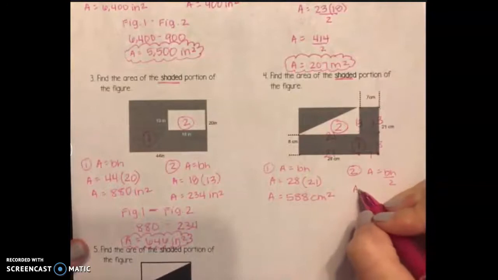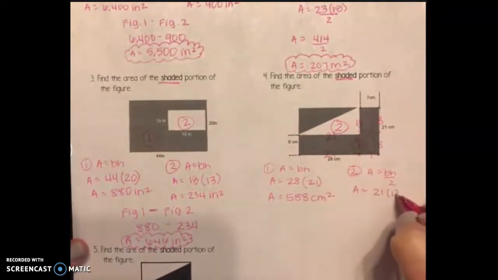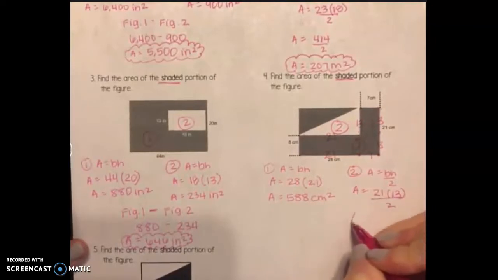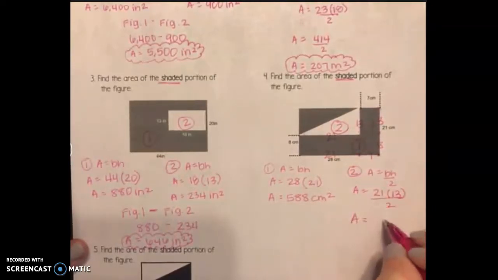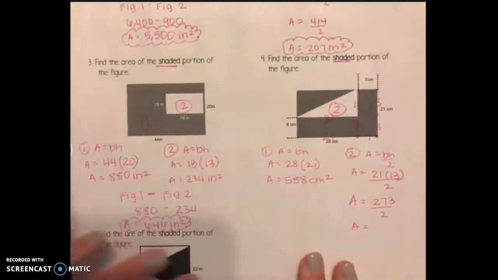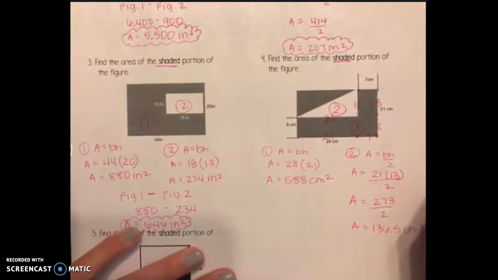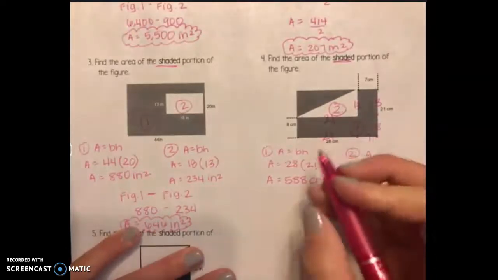All right, so area equals a base of 21 times a height of 13 all over 2. So area equals 273 over 2. And then my area would give me 136 5/10 centimeters, I almost wrote inches, squared. Okay, we don't want figure 2.